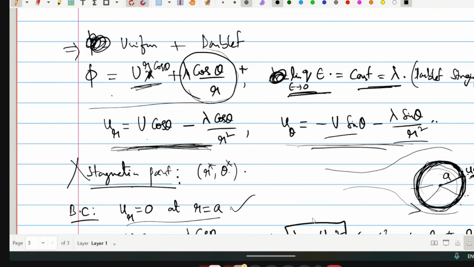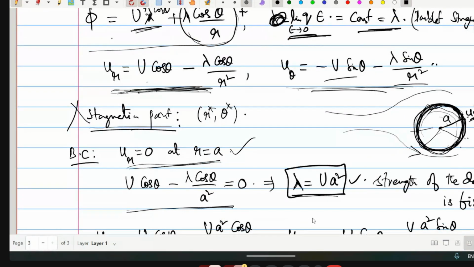And if you want to finally satisfy ur equal to 0, the cos theta, cos 2 theta coefficients, everything has to be 0 at r equal to a. So there is an inconsistency. You will not be able to fix your lambda.